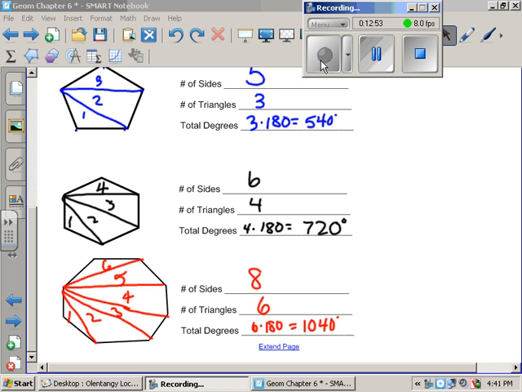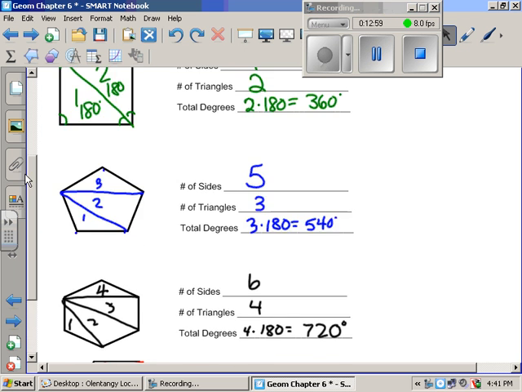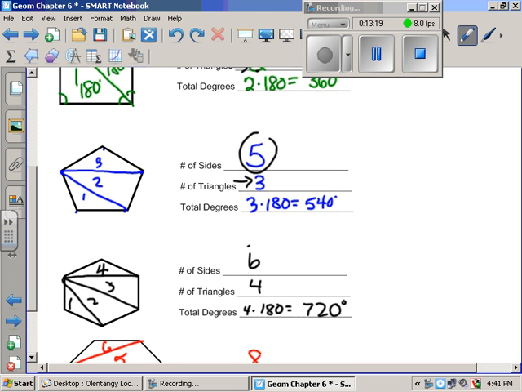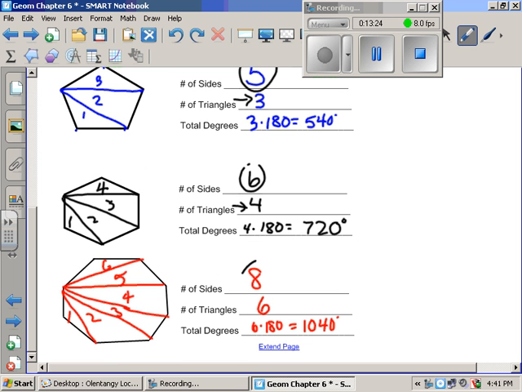Okay, so if I look for some patterns here, I see that when a polygon has 4 sides, I can make 2 triangles, and the number of degrees is the number of triangles I can make times 180. 5 sides makes 3 triangles, and the total number of degrees is 3 times 180. 6 sides makes 4 triangles. 4 times 180 is 720. 8 sides makes 6 triangles. 6 times 180 is 1040.